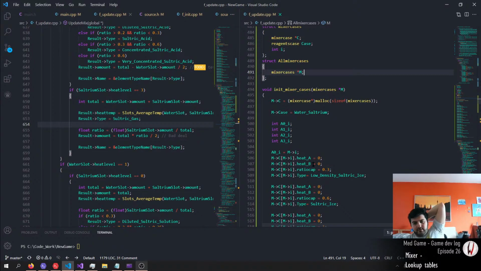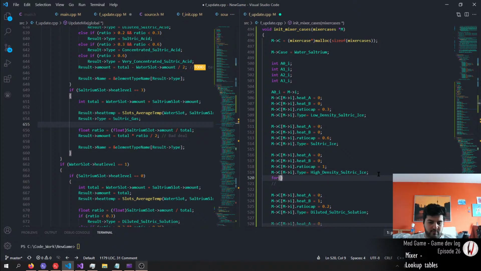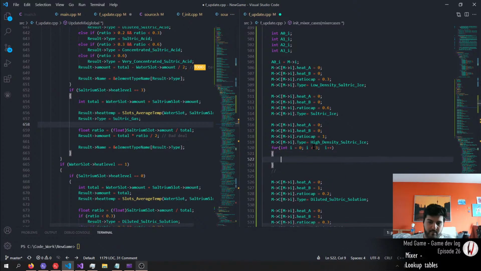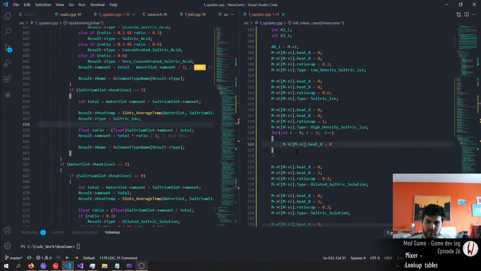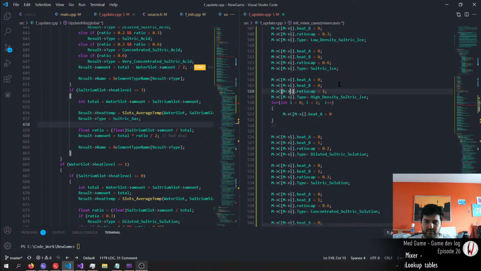If heat level is A0, this means for int I equals 0 and I increments, so I is less than 3. That should be at the very end.